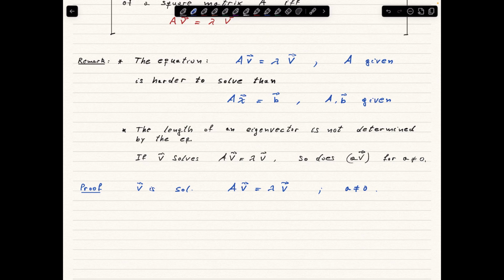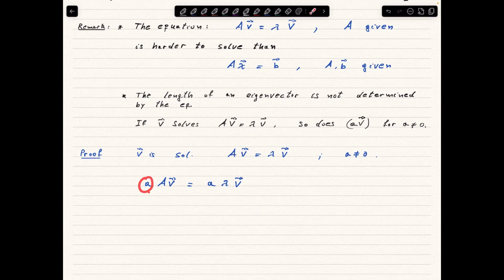So we have a multiplying the matrix A acting on the vector v, and here a lambda v. Now we use the notation with parentheses, saying that this is a constant that can be anywhere, so we put that constant inside the vector v. The parentheses mean the constant a is multiplying every component of the vector v, and so we do here. We keep the lambda outside, and we put the vector v here with the constant a.